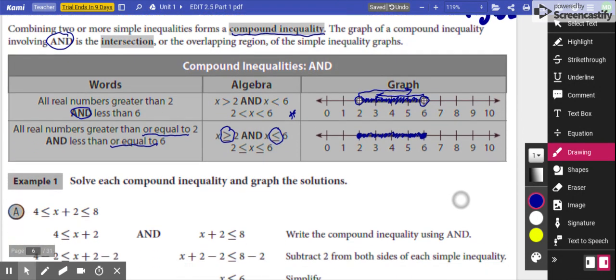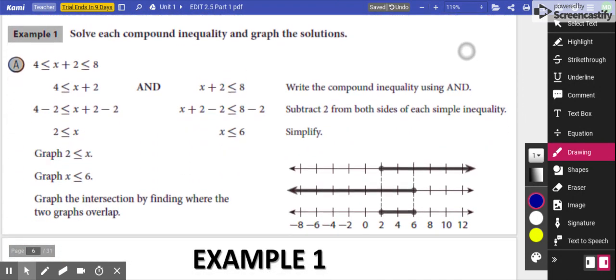So let's take a look at this example 1. It says solve each compound inequality and graph the solutions. We have 4 is less than or equal to x plus 2, and x plus 2 is less than or equal to 8. Sometimes we will see our compound inequalities looking like this.